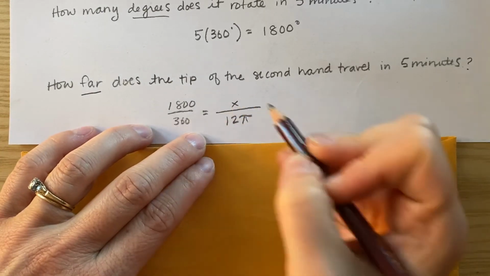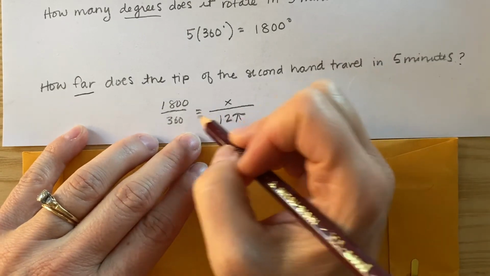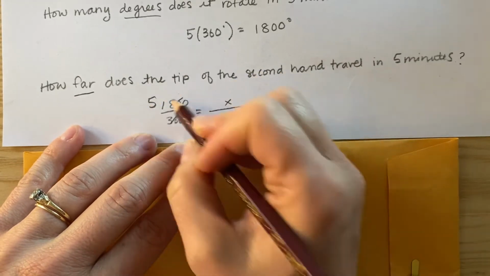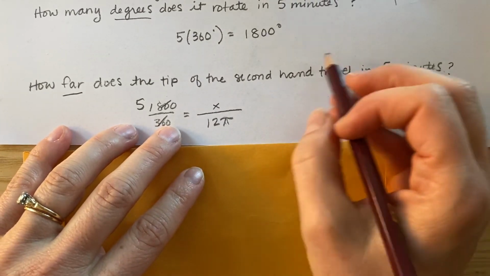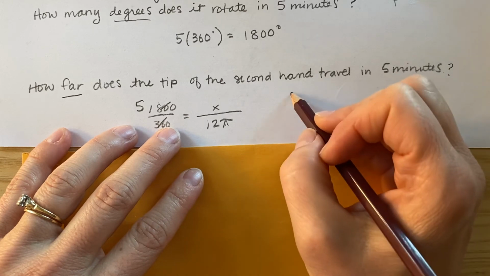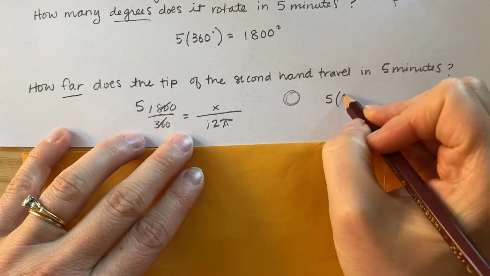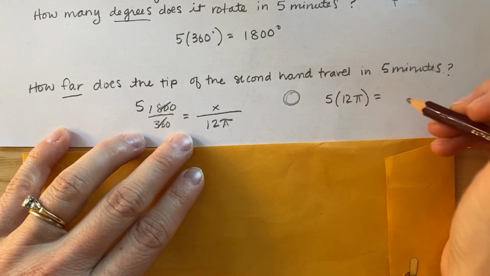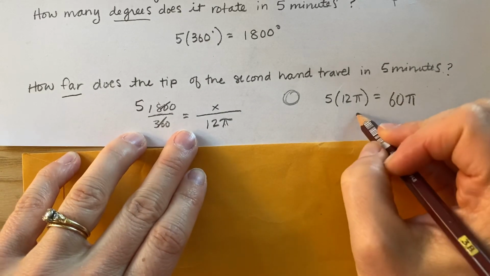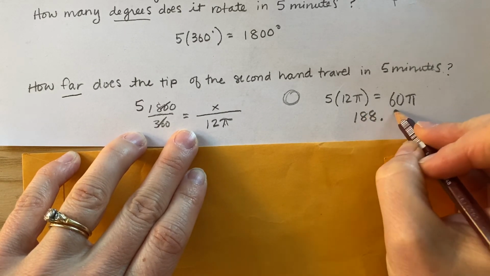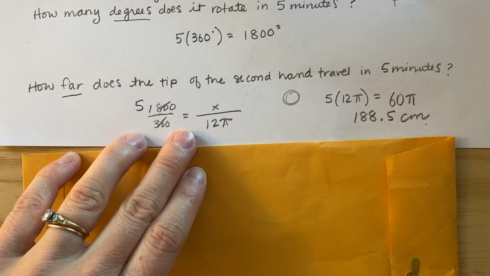Or you could make this a lot easier. Well, I guess you could reduce that to 5 and then multiply it. But anyway, I digress. You could just say if it travels 5 times around, it travels 5 circumferences, 5 times 12 pi. That gives you 60 pi, or approximately 188.5 centimeters. Don't forget your units.